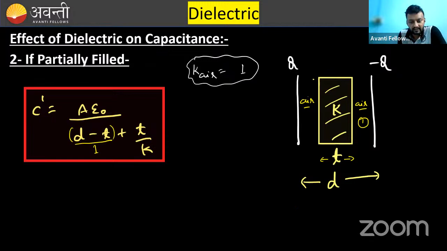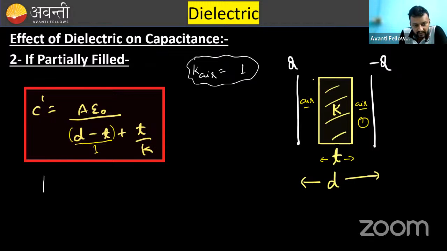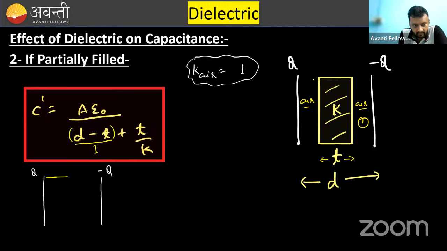Now this situation can be drawn in a different way, and I hope you will answer that. Let's suppose these are capacitor plates with charge Q and minus Q, and there is a dielectric inserted. This one is a dielectric and this one is another dielectric.